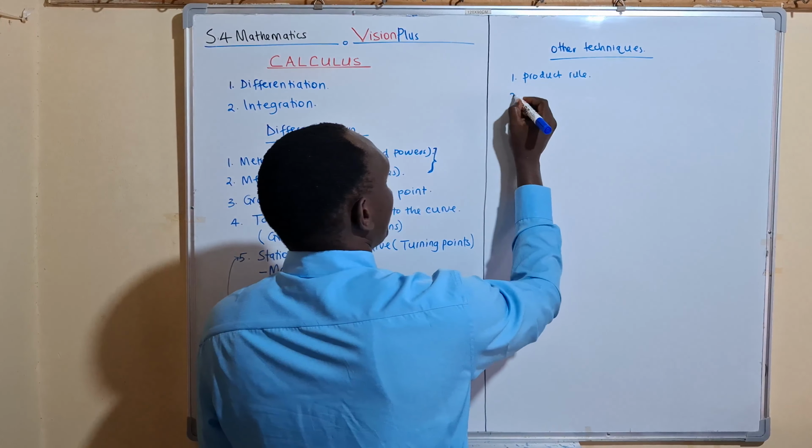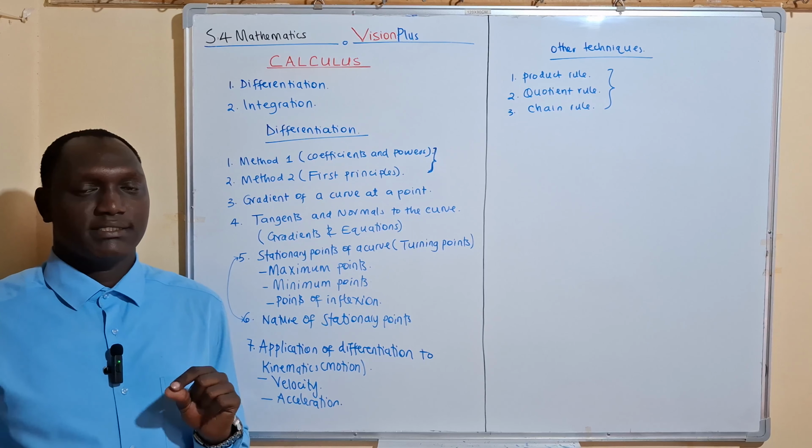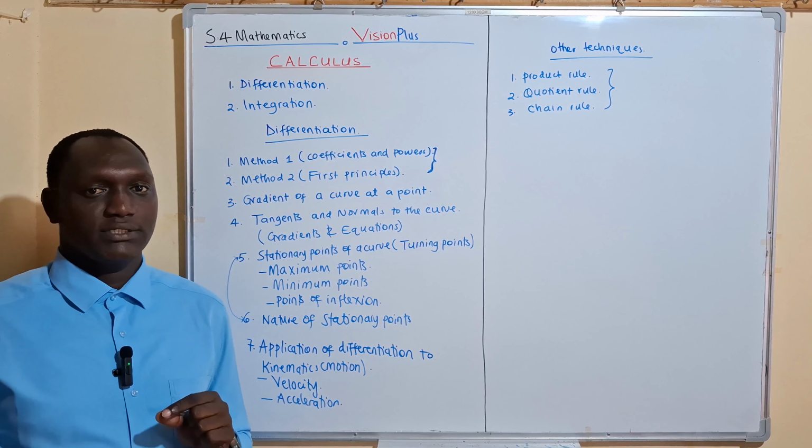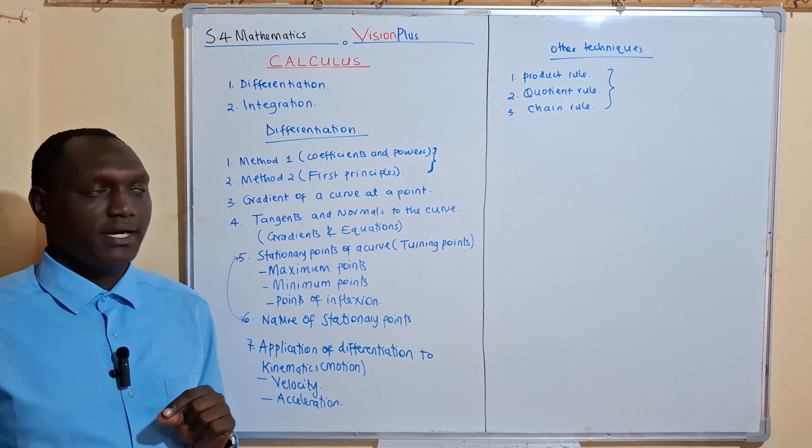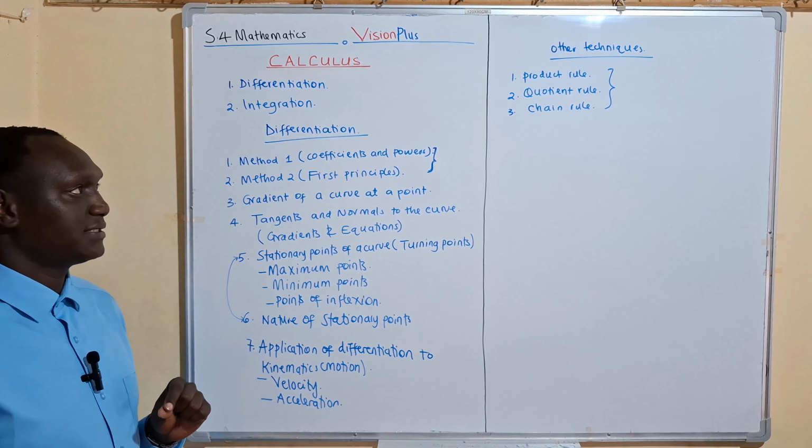And then we have what we call chain rule, among others. There are many. Now, when we are looking at basic mathematics, we do not go deeper into all the techniques of differentiation. These two methods are the ones that are highlighted in the books that we are using. So we don't go deeper with other techniques.